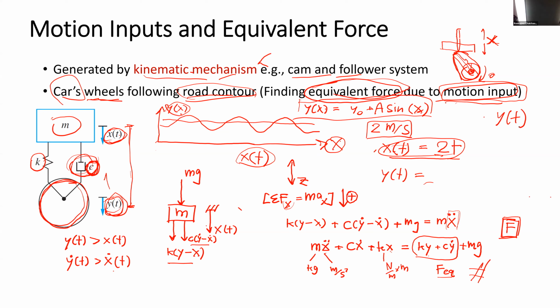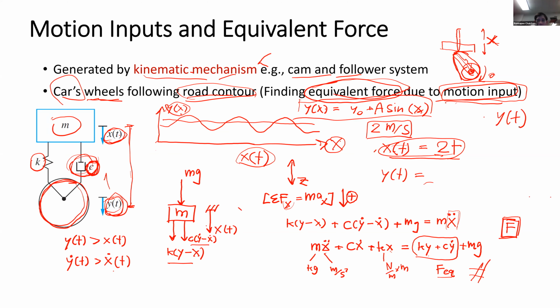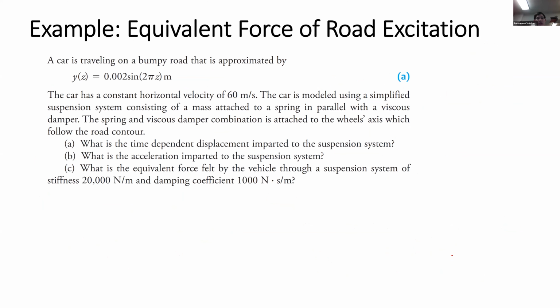Okay, that's all for this slide. Okay, let's do the example. This example is a review of this slide, that we know the road function and know the velocity, and we try to find the equivalent force function. We know the bumpy road function.